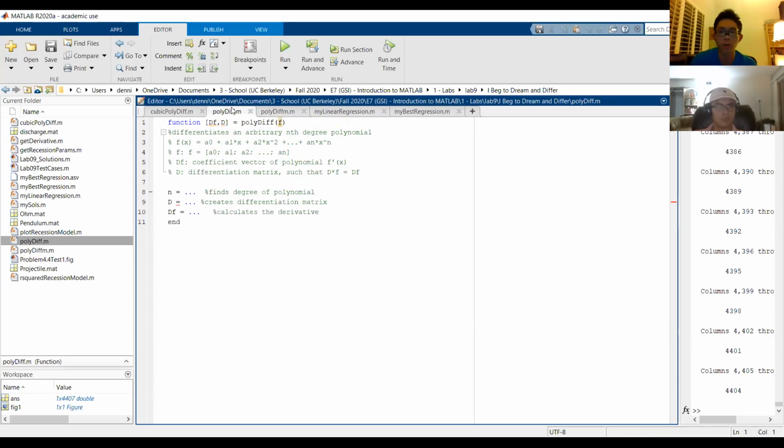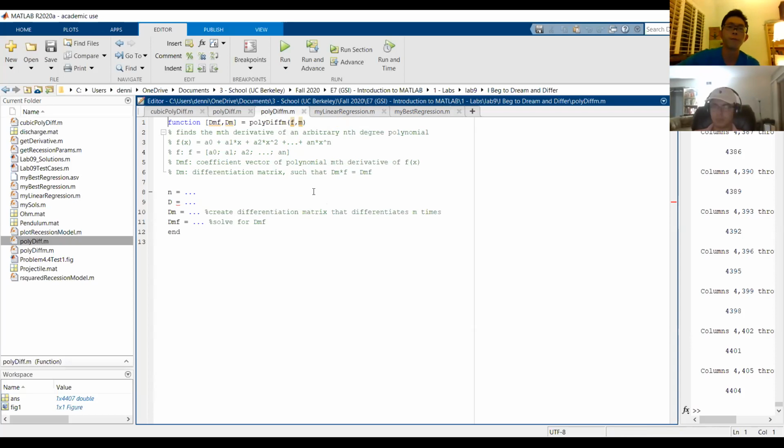This could be like x to the power of 10,093 or something. And then finally, you're going to do one that can repeat the polydiff, the differentiation, m number of times. So it needs to work with any number of any order polynomial and differentiate it any number of times.